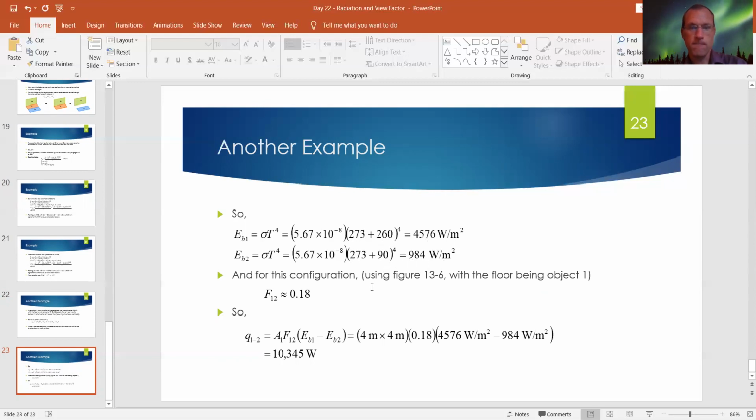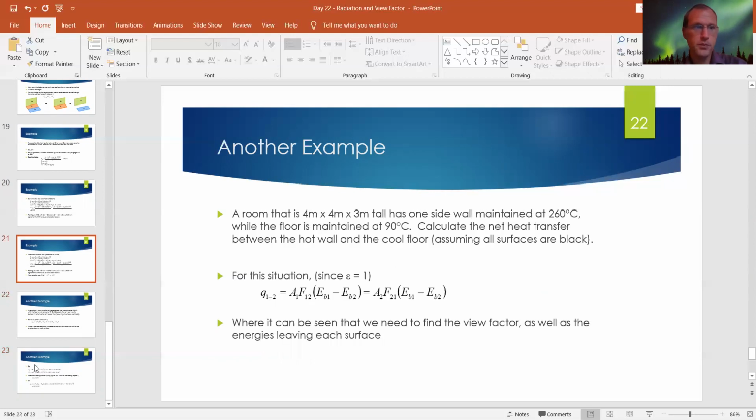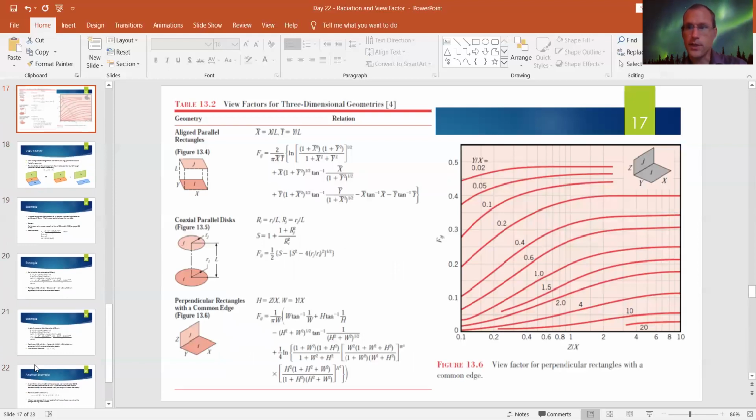Then for this configuration, figure 13.6, again, I can use a big ugly equation if I wanted to, but I'm not going to do that. So that's why I have this guy here. I'd rather use this nice graph over here.